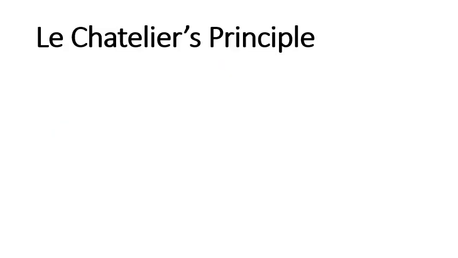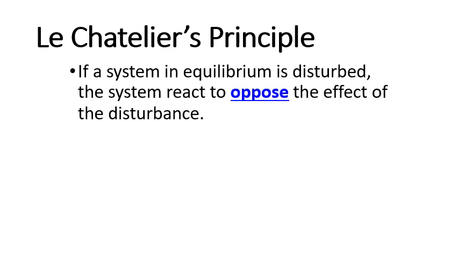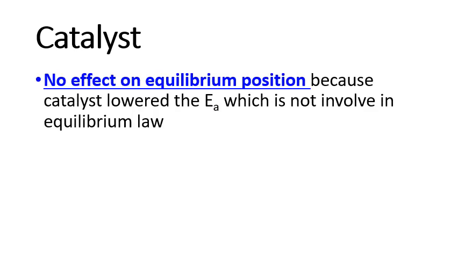Let's look at the definition of Le Chatelier's principle. Basically, if a system is disturbed, the system will oppose it to reduce the effect of the disturbance. We start with the simplest factor, which is the catalyst. Basically, a catalyst has no effect on the equilibrium position.